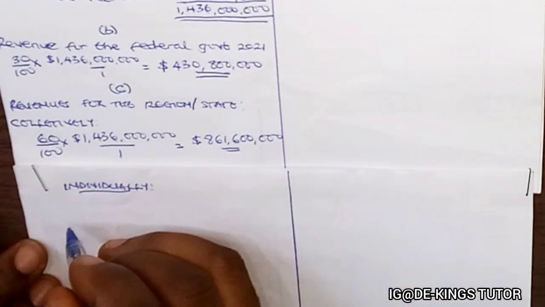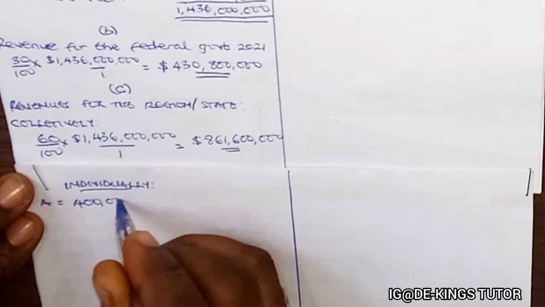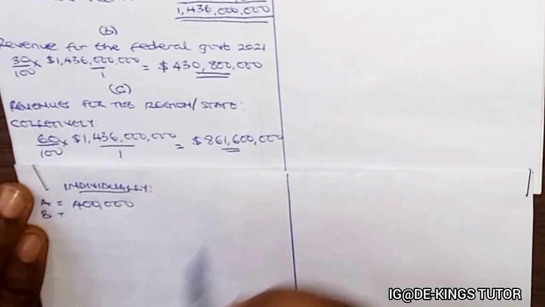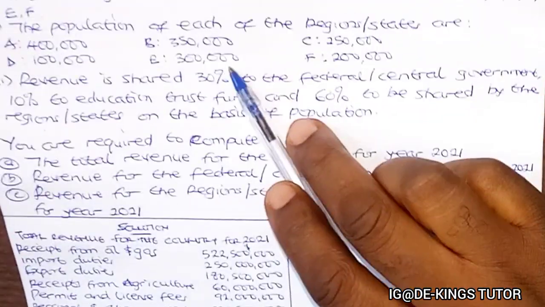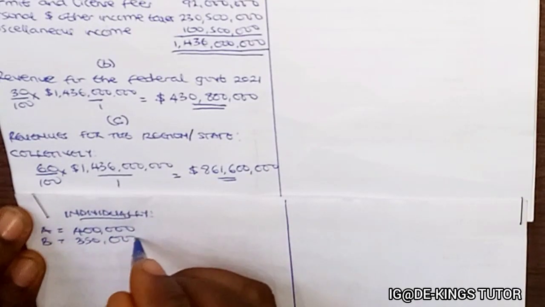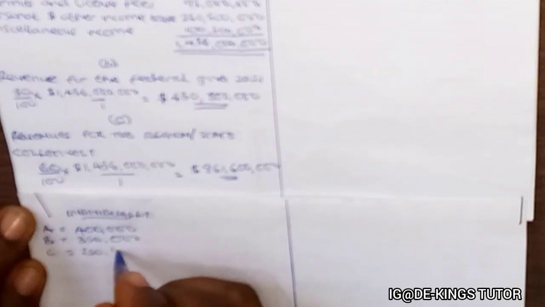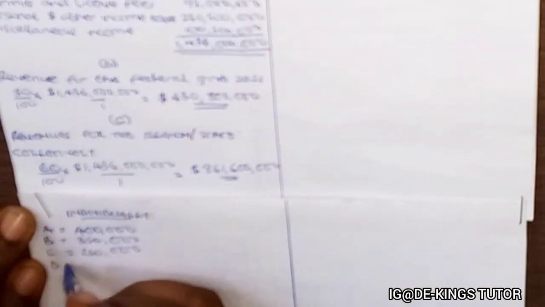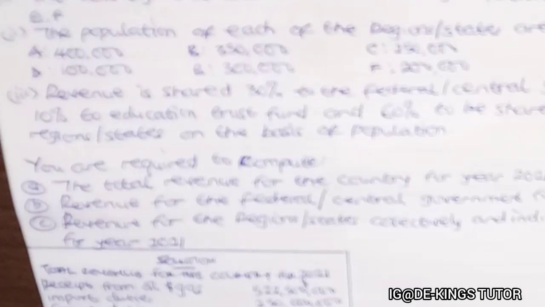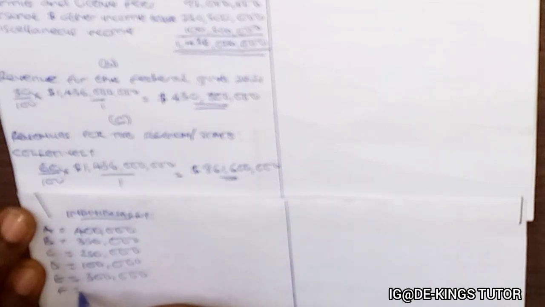For A, the population is 400,000. For B, it is 350,000. For C, it is 250,000. For D, it is 100,000. For E, 300,000. And for F, 200,000.